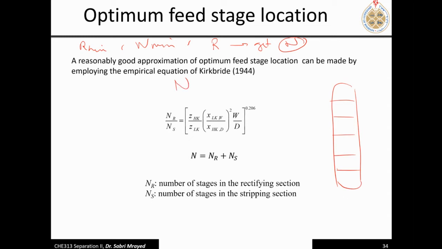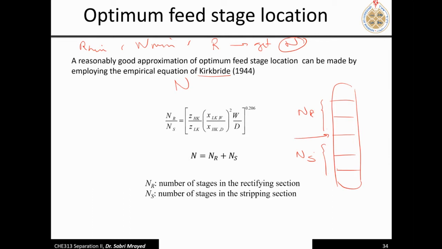And we would like to know how many stages in the rectifying section and how many stages in the stripping section. So I have another correlation, Kirkbride here. It's a long-time correlation, 1944.